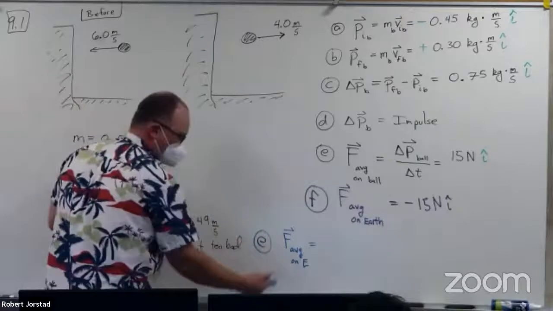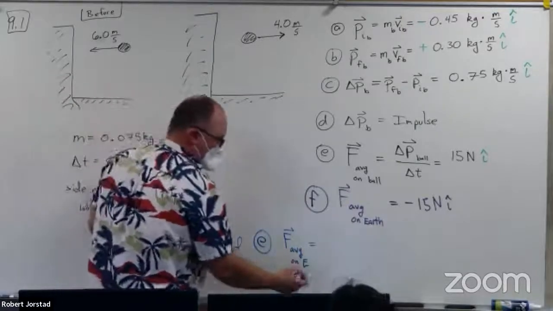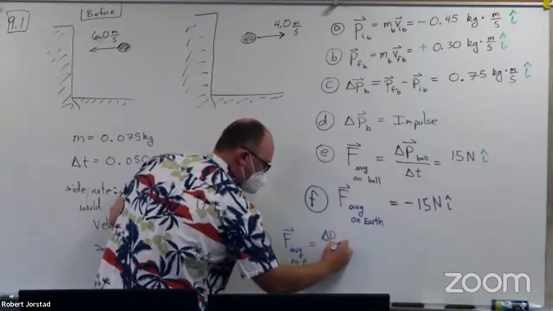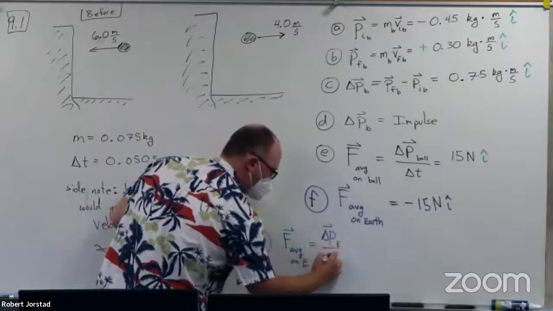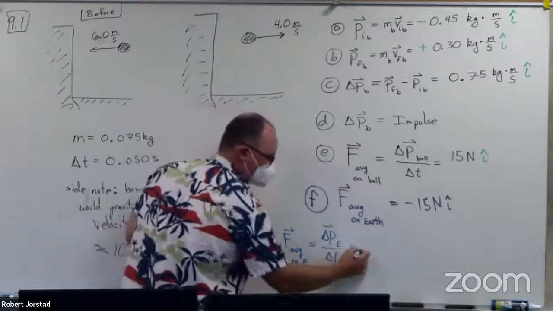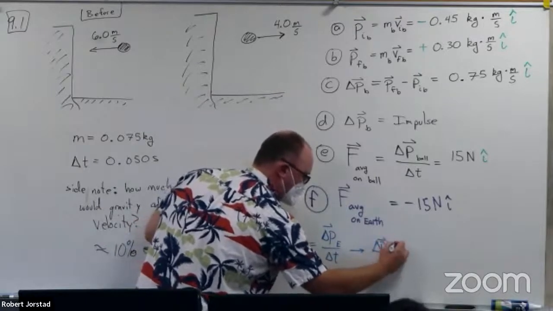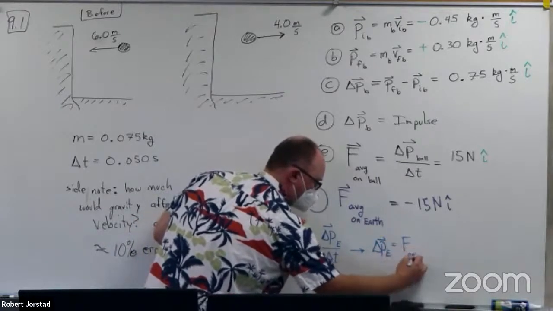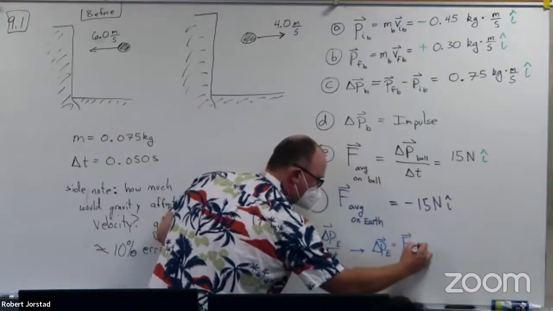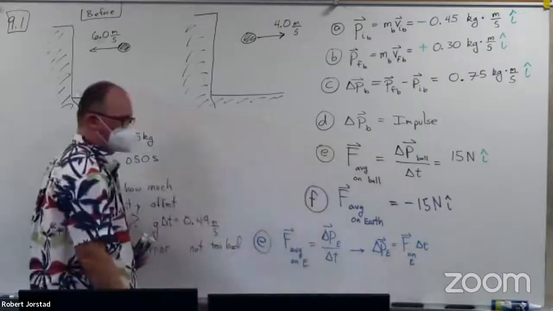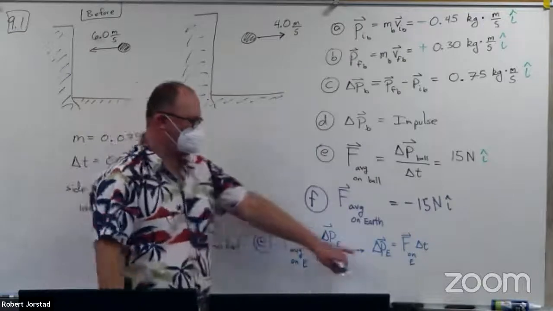All right, force average on the earth is delta P of earth all over delta T, which tells us delta P of the earth is force on earth times delta T. But what is momentum?